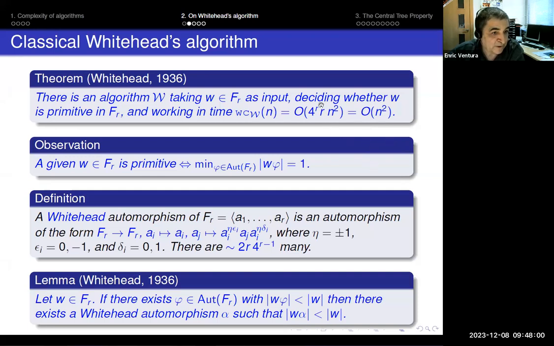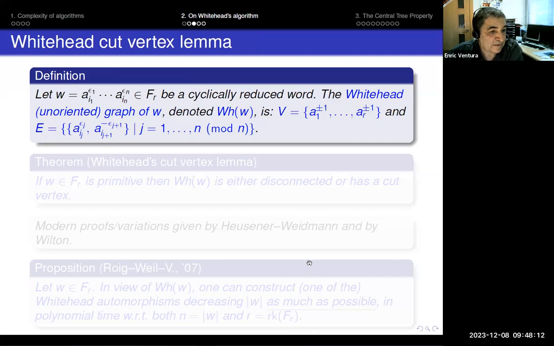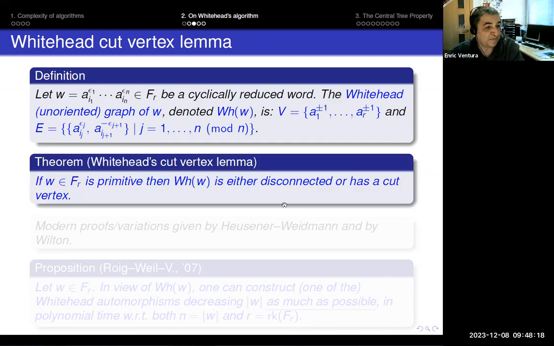Everything, of course, multiplied by the number of Whitehead automorphisms, which are a constant, but exponential in the ambient rank. Okay. Whitehead also proved this classical Whitehead cut vertex lemma, which is a nice tool.